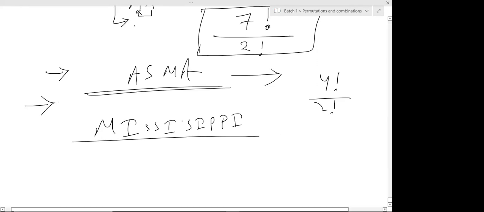Mississippi. All right. How many words can be formed by rearranging this word?